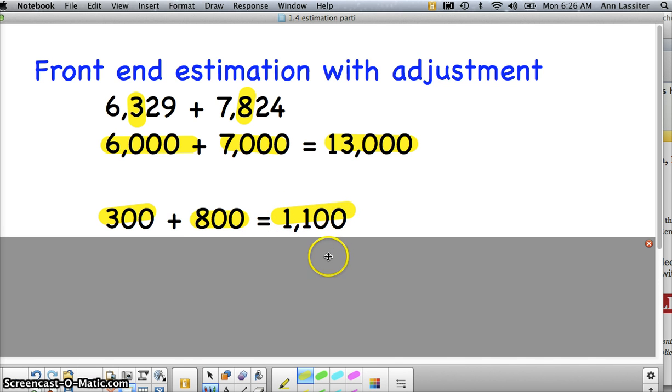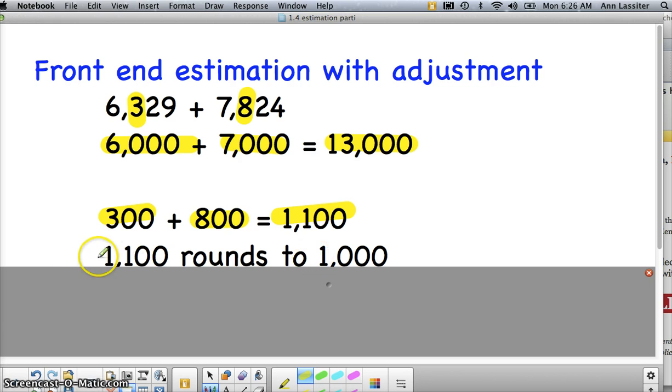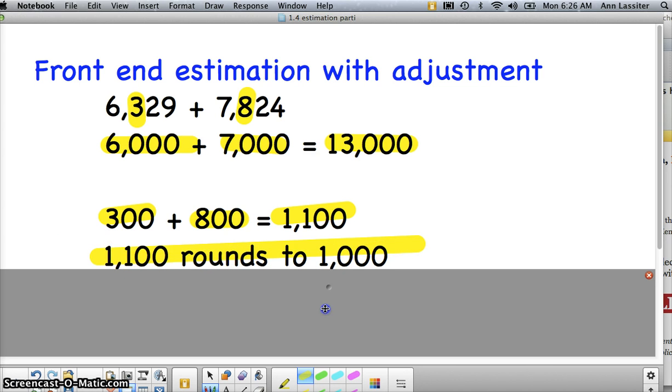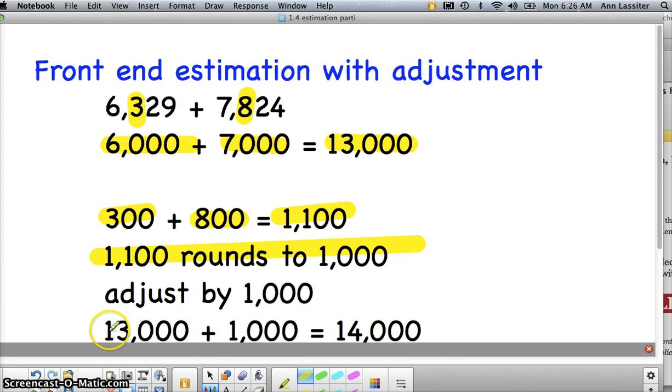Since we're rounding to the nearest thousands, we're going to round 1,100 to the nearest thousands. It rounds to 1,000. So we are going to adjust our initial estimate by 1,000, and we have 13,000 plus 1,000 for a total of 14,000.